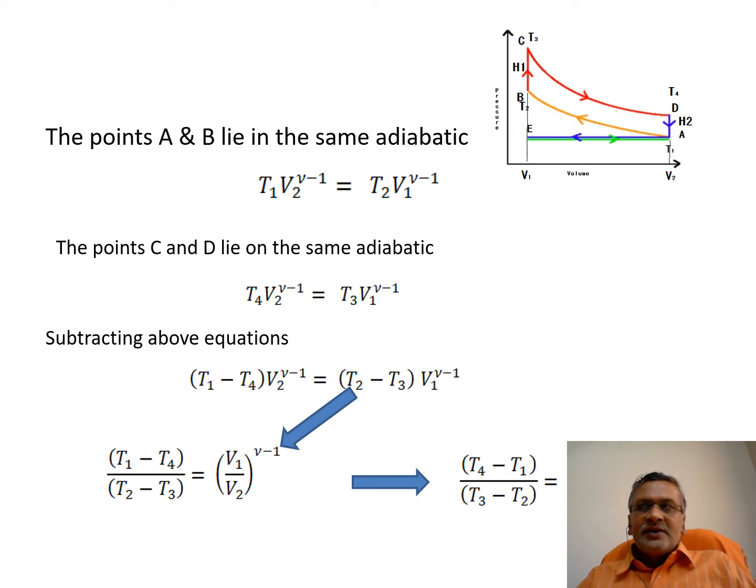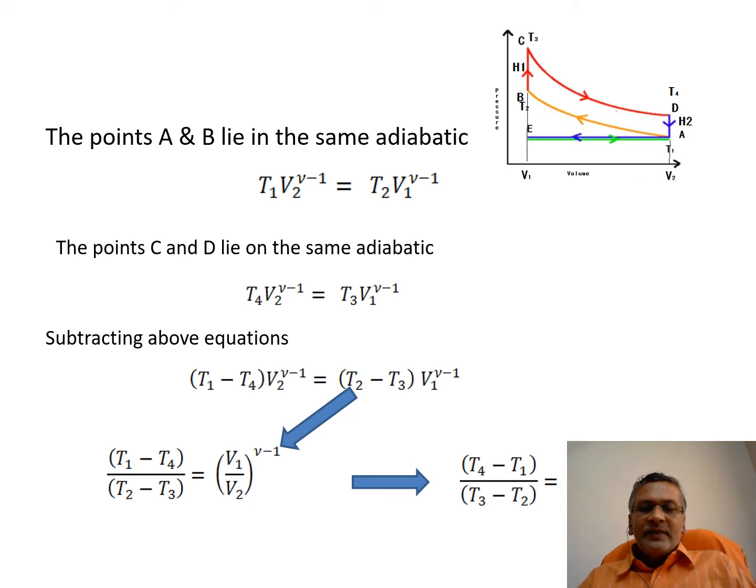Gamma is the ratio of specific heat at constant pressure to that at constant volume. Therefore, gamma is equal to Cp divided by Cv. Rearranging the terms, (V1 upon V2) raised to gamma minus 1 is equal to (T1 minus T4) divided by (T2 minus T3).